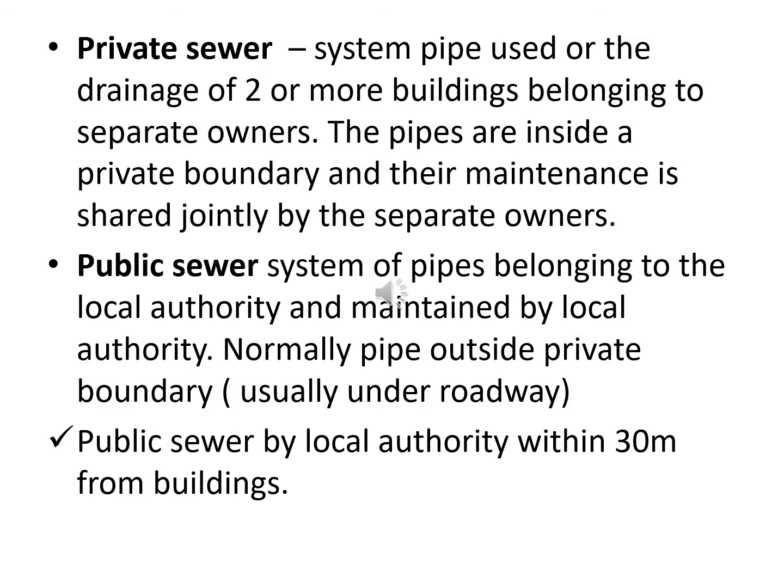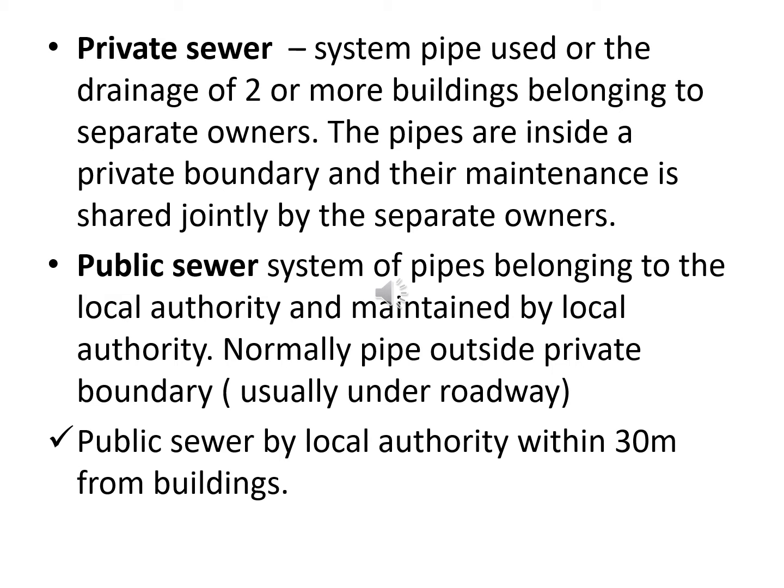The private sewer is a system of pipes used for the drainage of 2 or more buildings belonging to separate owners. The pipes are inside a private boundary and their maintenance is shared jointly by the separate owners.